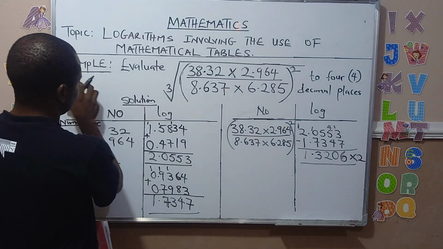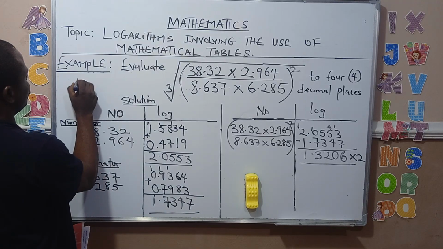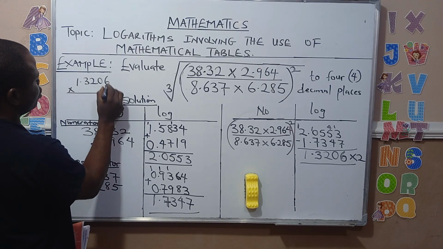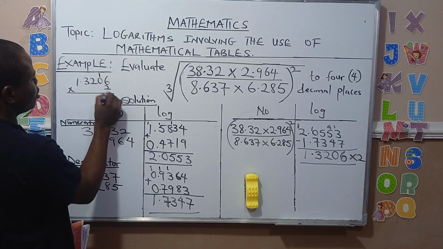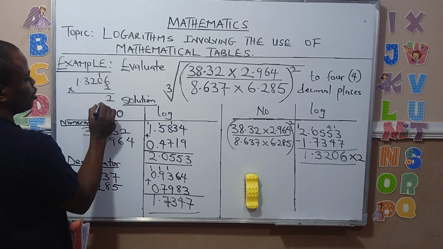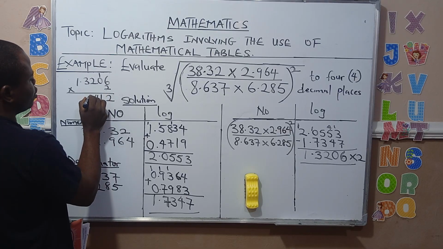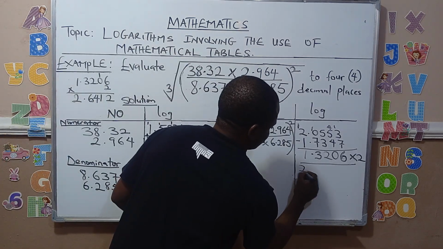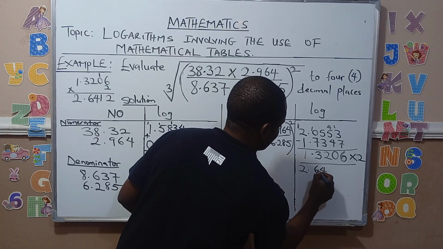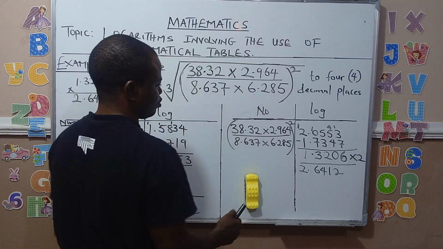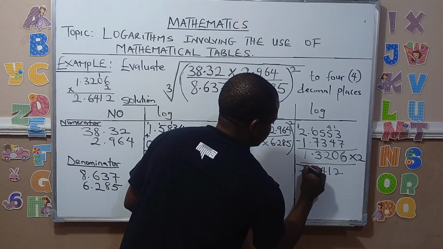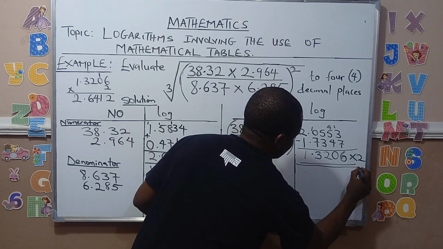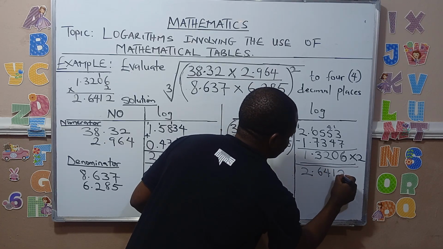Let's multiply that. 1.3206 times 2. 2 times 6, 12. 2 carry 1. 2 times 0 is 0 plus 1. 2 times 0 is 0, 0 plus 1, that's 1. 2 times 3, 6. 2 times 1, 2. That's 2.6412.